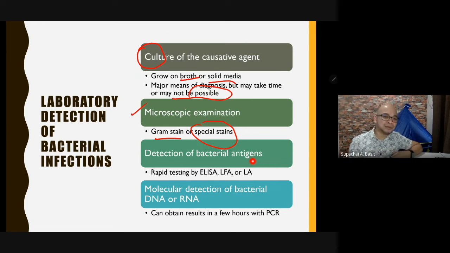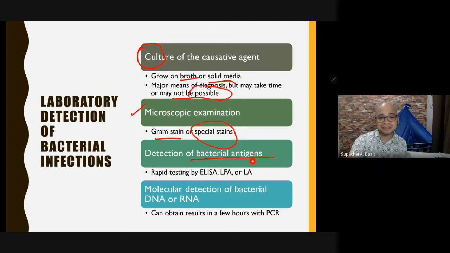We can also determine bacterial antigens, so rapid testing by means of ELISA or lateral flow assays can determine the presence of bacterial antigens.